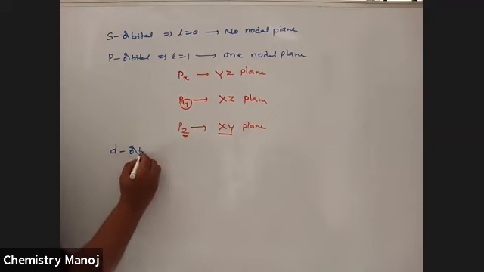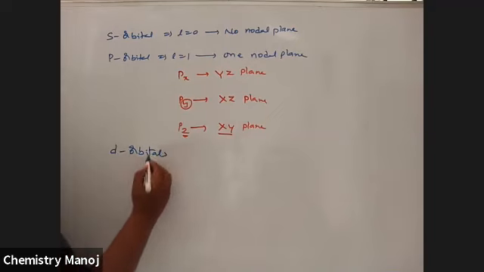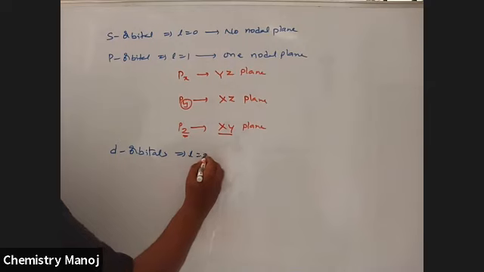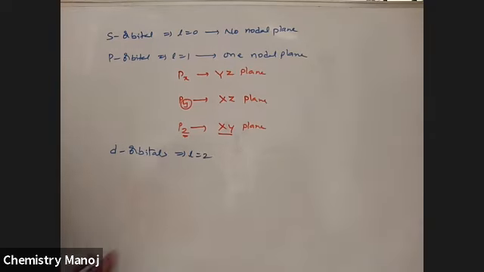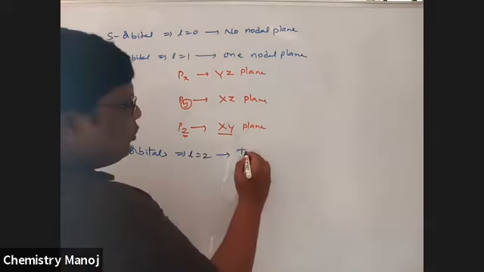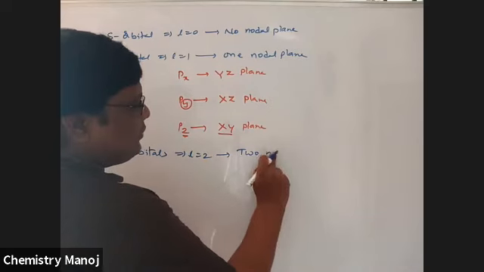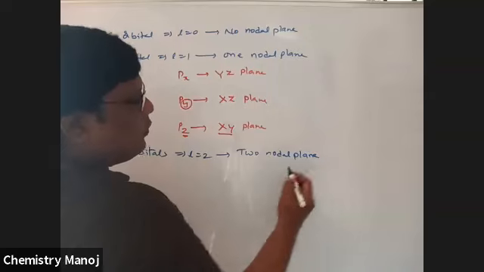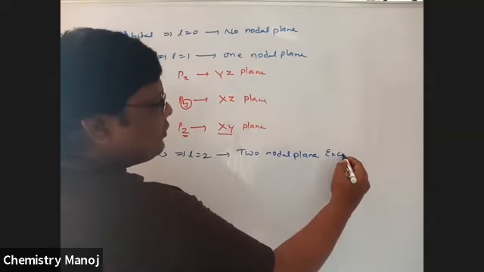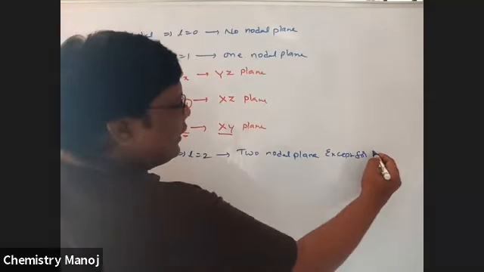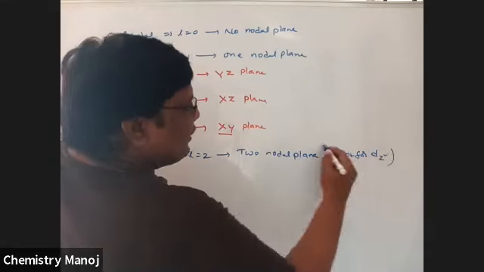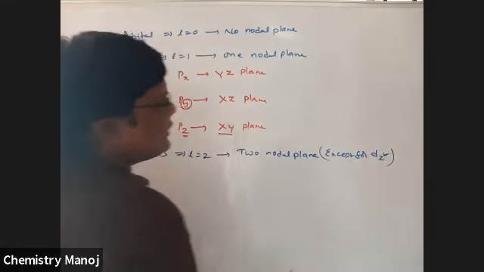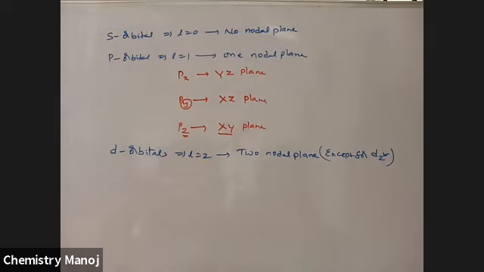For d orbitals, L is equal to 2, and L is equal to 2 means two nodal planes exist. Except for dz square, the remaining have two nodal planes.